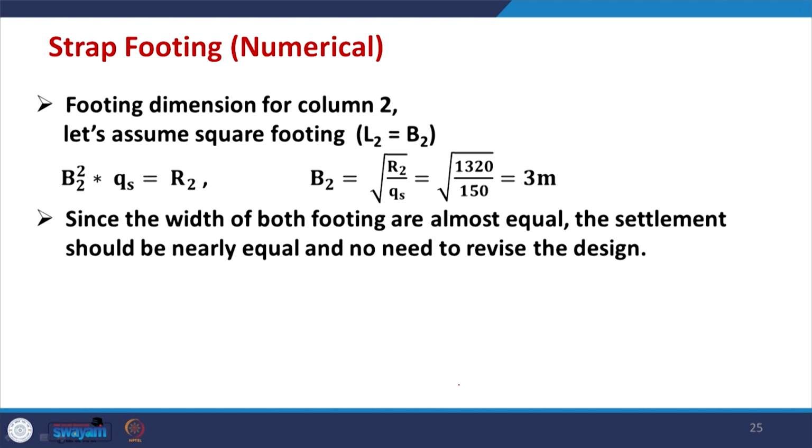In that case, R2 will be B2 square into Qs, and B2 is derived from this. This automatically comes out the same width as the first footing. So the widths of both footings are almost equal, therefore the settlement will also be nearly equal, and there is no need to revise the design. This way we can find the dimensions of this footing.